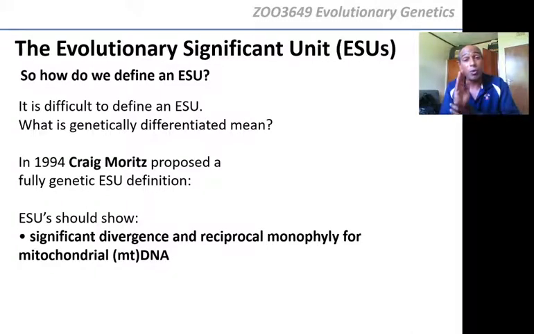that population or that clade has been around for long enough for genetic drift to sort the lineages completely. There's no incomplete lineage sorting there because you've got the evolution of monophyly, and monophyly takes a long time to evolve. When you have mitochondrial DNA that shows reciprocal monophyly, so both clades are monophyletic relative to each other, that is a sign that those two clades have been separated for a very long time.